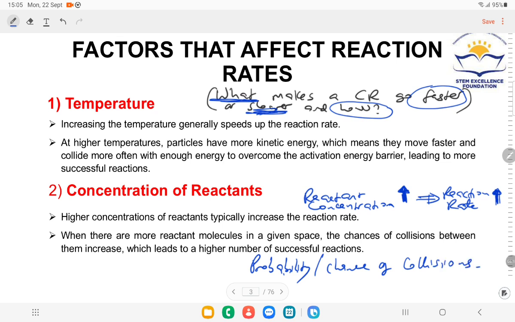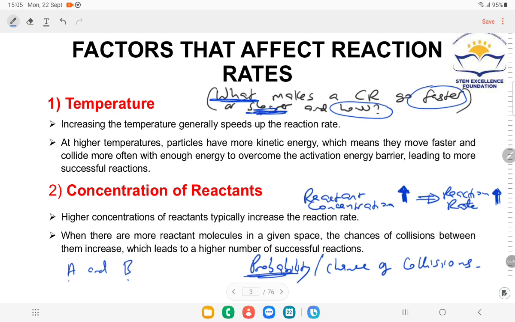See, we're saying that for a chemical reaction to occur, A and B have to collide. They have to smash into each other to form products, say C or anything else, right? Now, if there are more molecules of A and B, then the probability of A and B running into each other to collide and form C is very high.